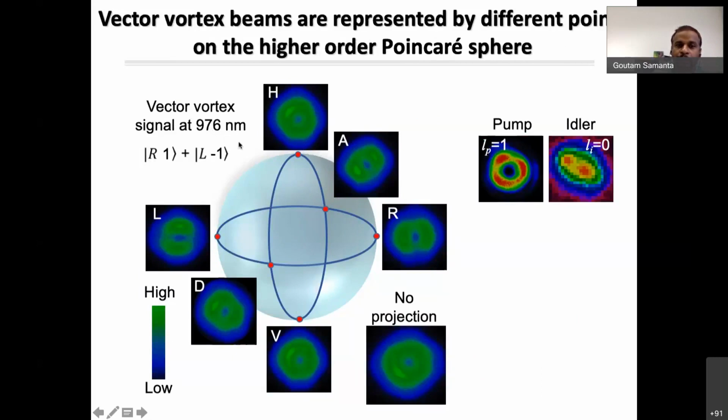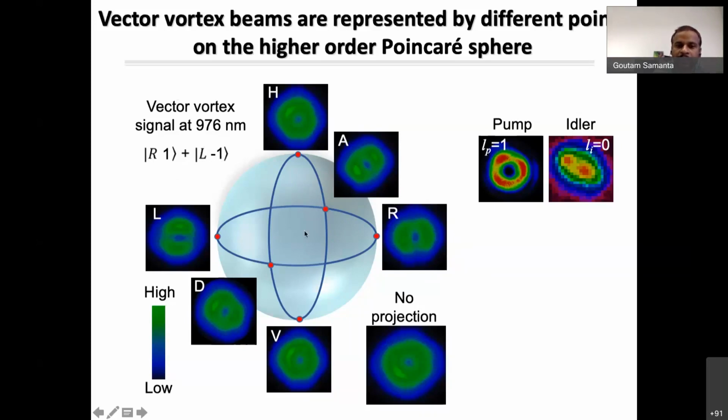This vector vortex beam is also known as a non-separable beam, because here the wave mode and polarization cannot be separated. If you make a polarization projection in a particular basis, say I'm trying to see this beam in anti-diagonal, then you see that the OAM modes are changing.